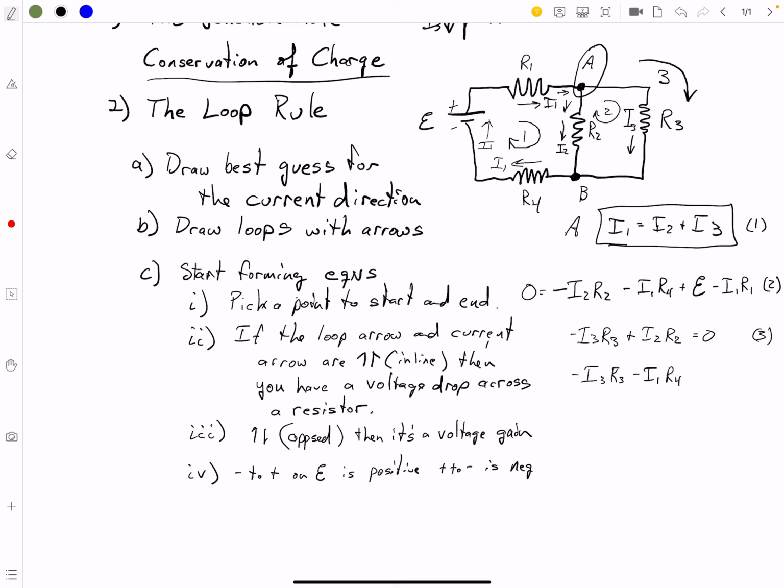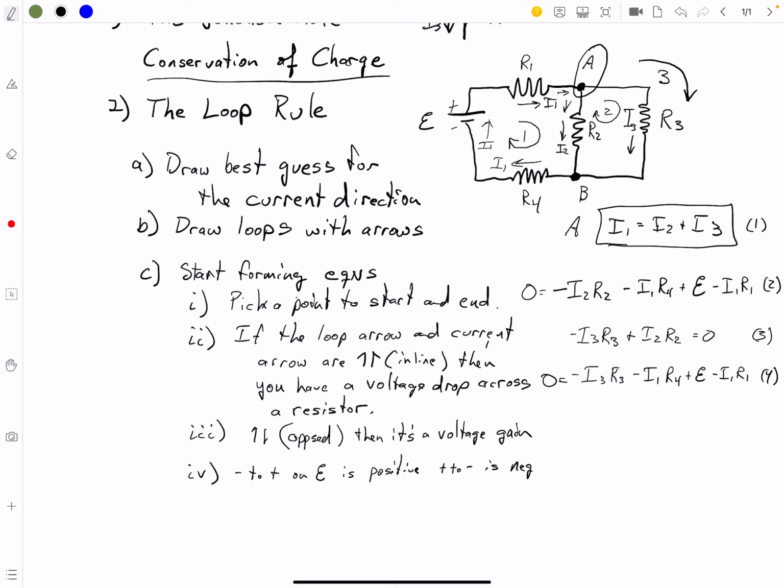So we come in here and we say, okay, we're going to add our EMF. Then we get to R1, R1, I1. All of that is going in the same direction as our loop. So I1, R1, and all that equals, let's say over here equals 0, and then that way I can draw my fourth equation.